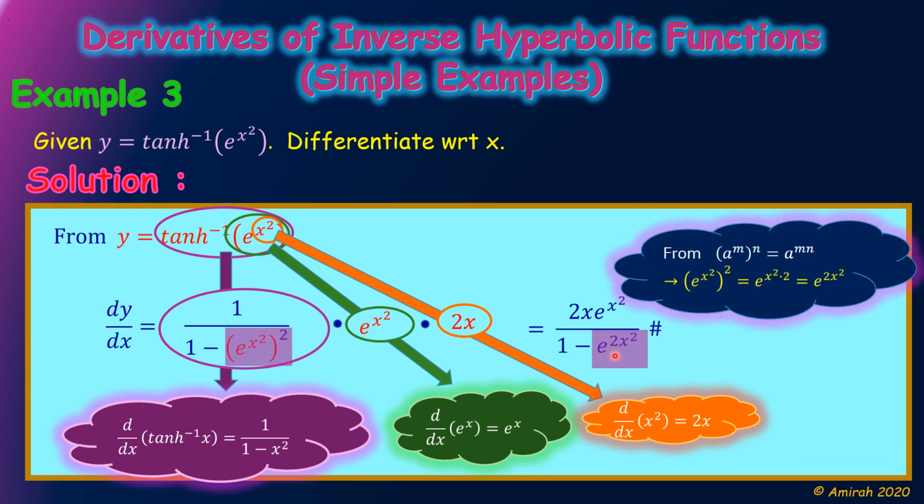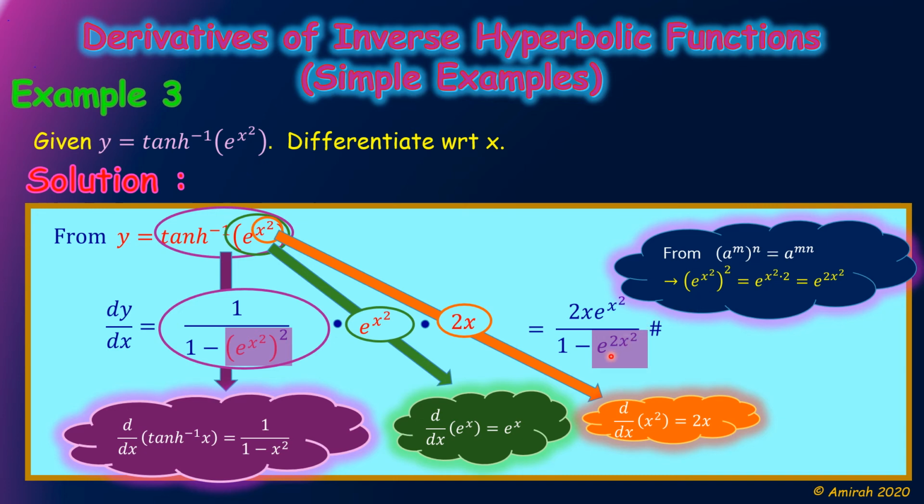How do we get this? From the properties of indices, we have a to the power of m, and then to the power of n. The answer is a to the power of mn, meaning that we multiply the powers.